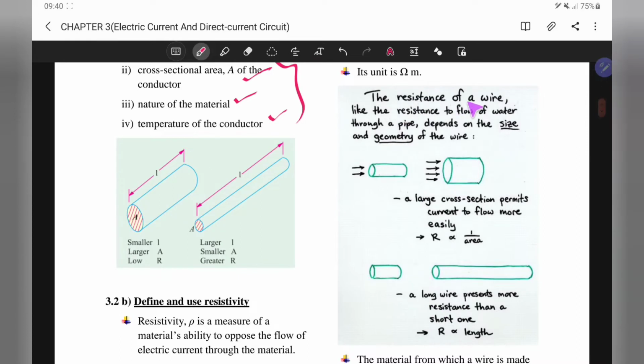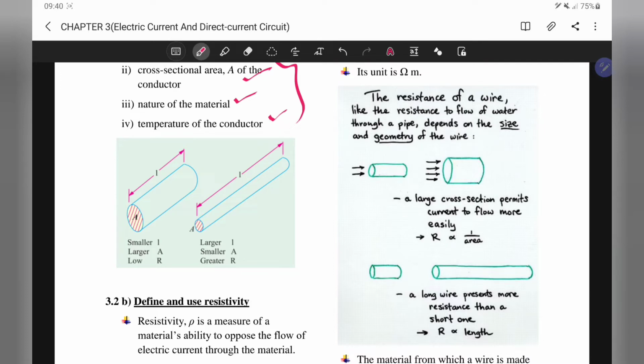Okay, the resistance of a wire, like the resistance to flow of water through a pipe, depends on the size and geometry of the wire. See, with a larger cross-sectional area, it is easy for water to flow, isn't it? So the resistance is lower. A longer wire presents more resistance, because water is quite hard to flow through a longer pipe, isn't it?